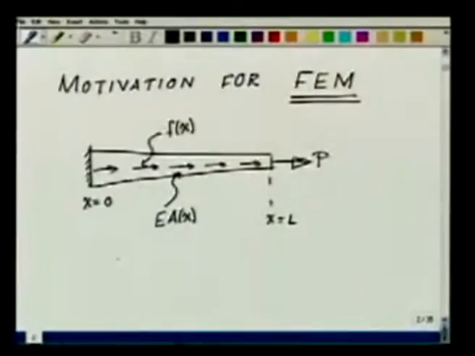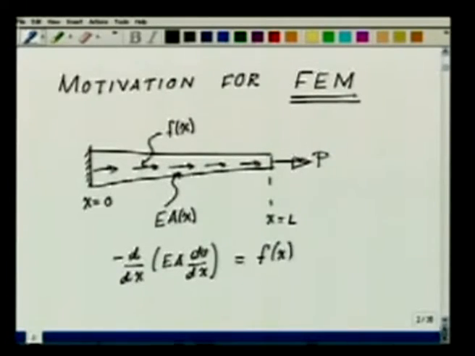So if I wrote the differential equation corresponding to this bar, we have done this enough number of times already, it will be minus d/dx of EA du/dx is equal to f(x) for all x's lying between 0 and L. Obviously, for any boundary value problem, I would like to reiterate that we have to specify boundary conditions also.